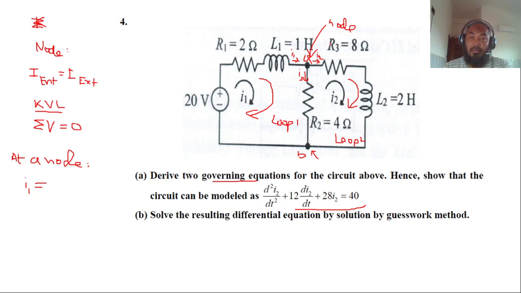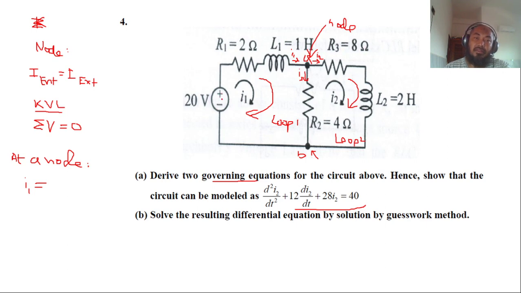You can set any direction, but it's better to follow the pre-justification based on the current circulation like this.